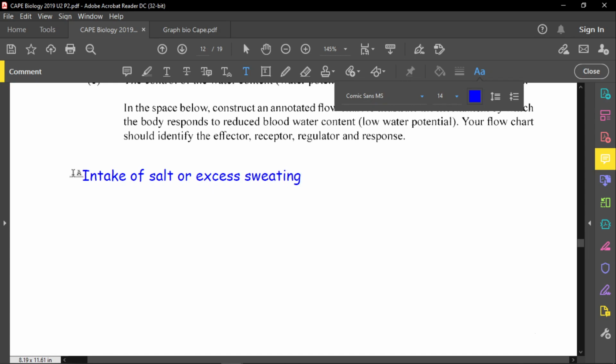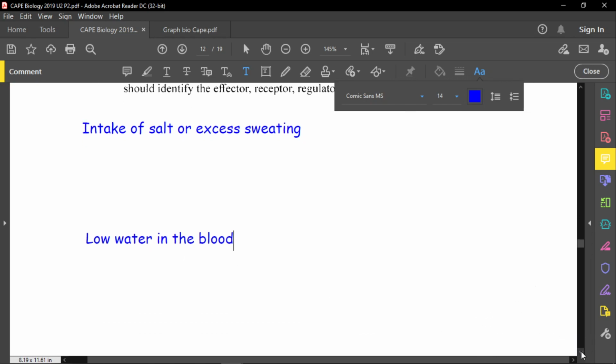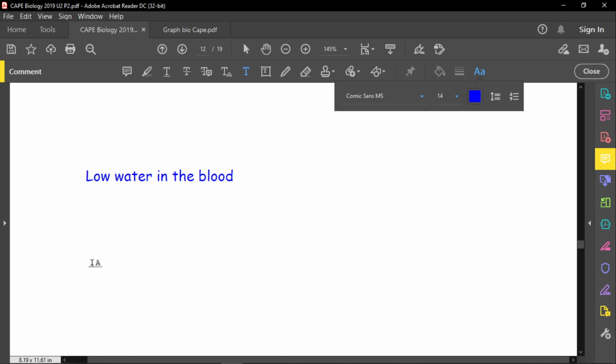I will also indicate different points. The next thing is that because of excess sweating or a large intake of salt, you're going to have low blood water content, or low water in the blood. The next thing after you have low water content in the blood is a significant trigger, and again, I'm using the word to indicate what is going to happen here.